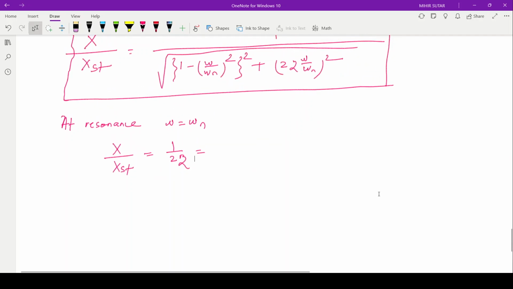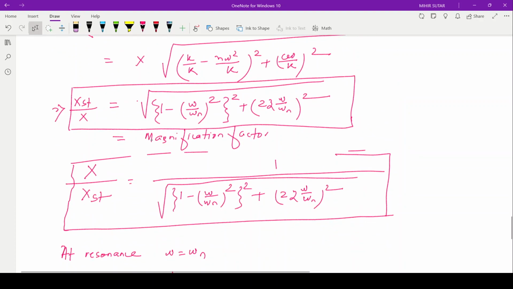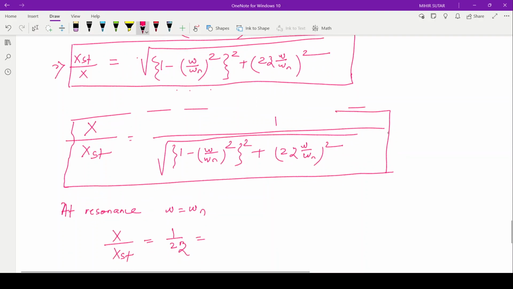So your magnification factor, no, sorry, this is not your magnification factor. This one is your magnification factor.